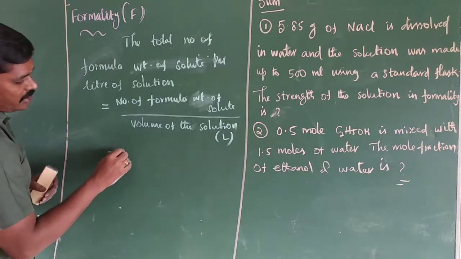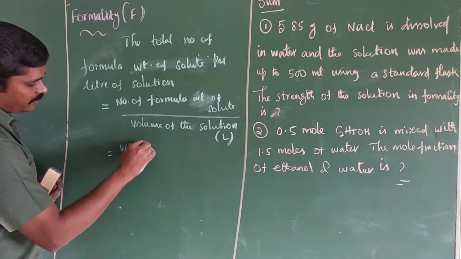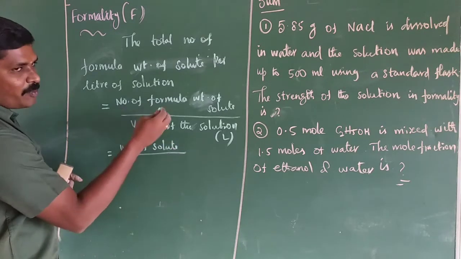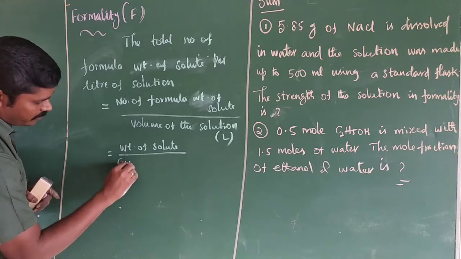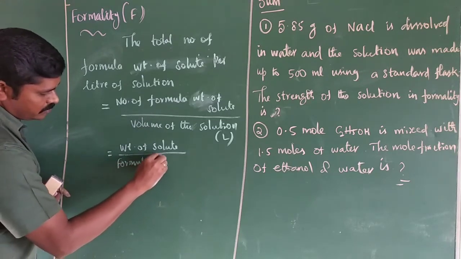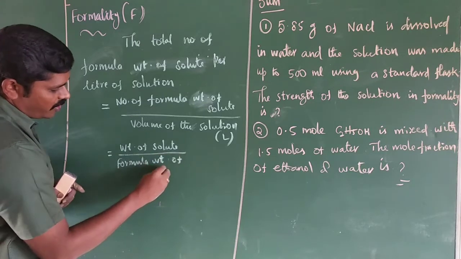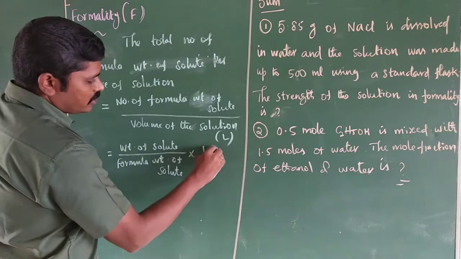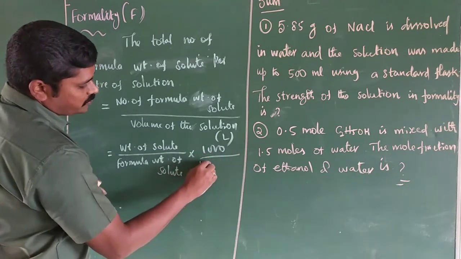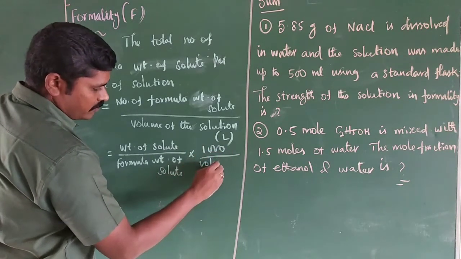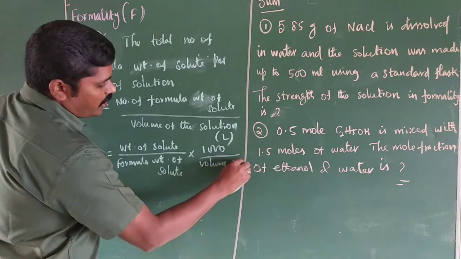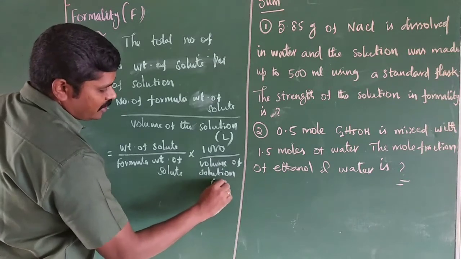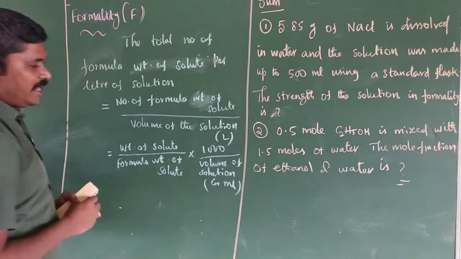Okay, in other words, the weight of solute divided by formula weight of solute into 1000 divided by volume of solution in milliliter.